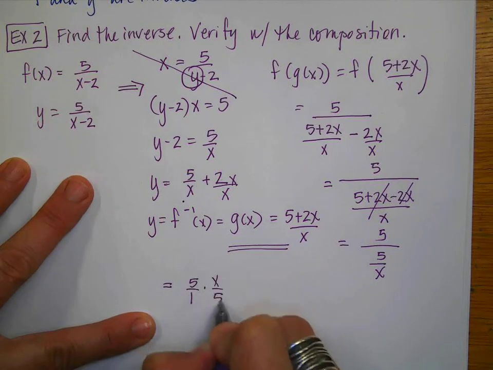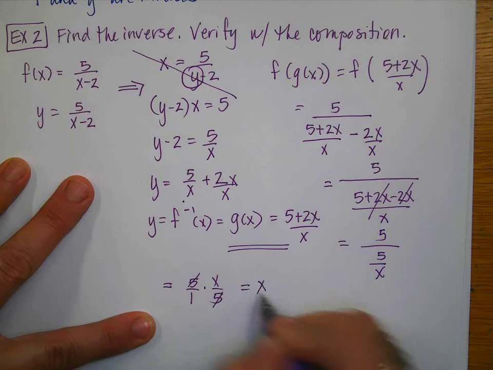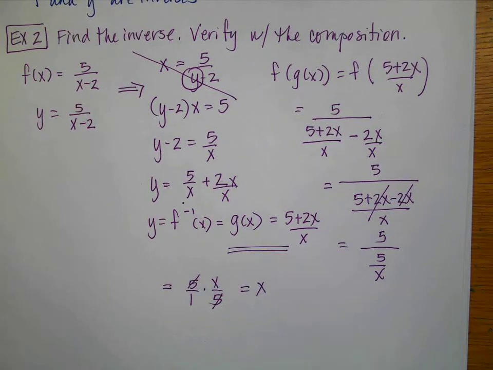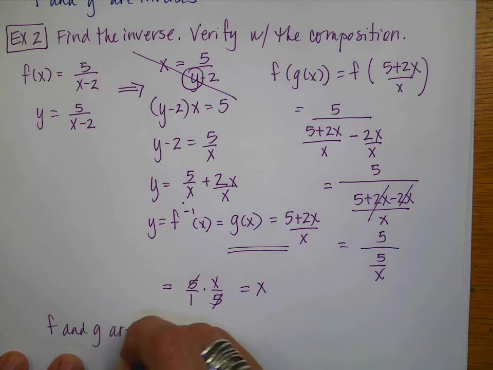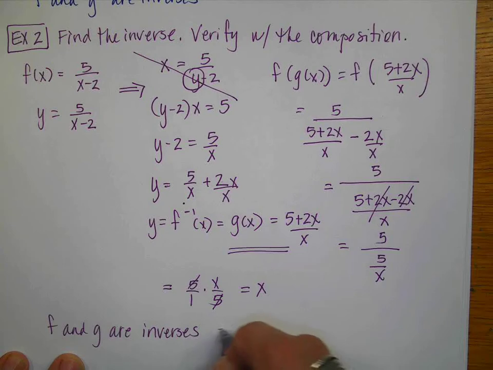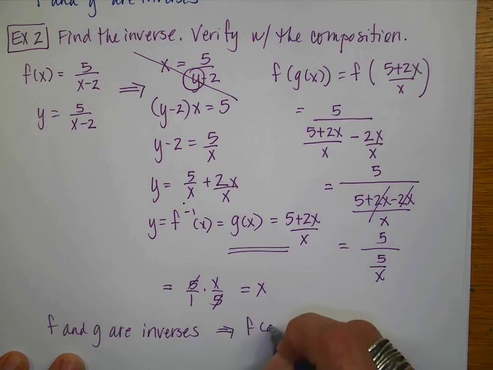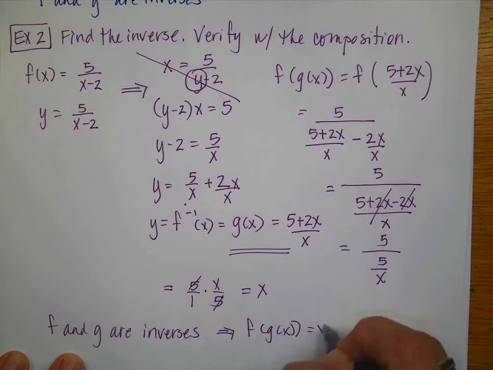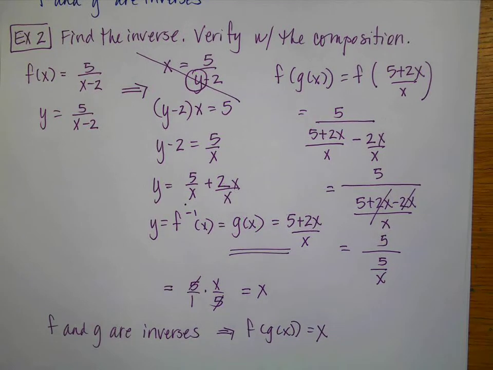So this is 5 over 1 times x over 5. The 5's cancel, and look at that. I got an x. So then we can say that f and g are inverses because the composition f of g of x was x.